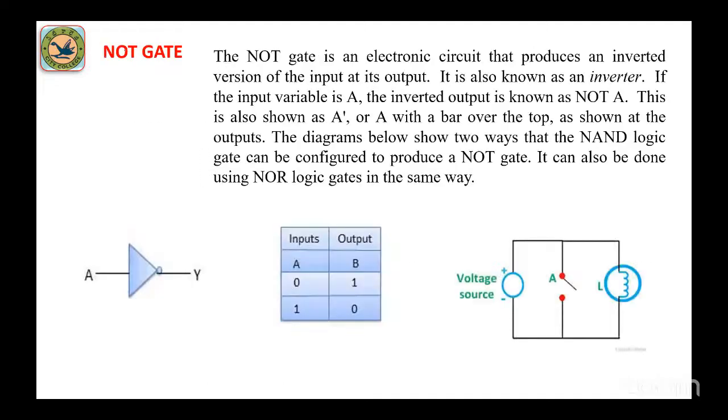Next is the NOT gate. You can see if A is there, the output is A bar. If 0 is there, output is 1. If 1 is there, output is 0. See here, a 5 volts DC supply.